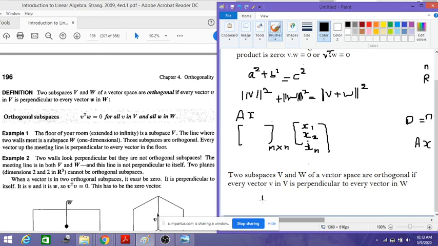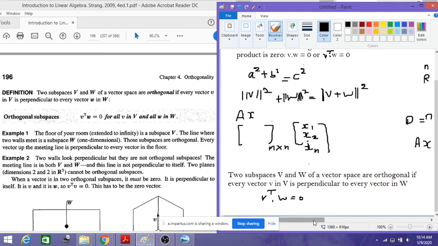If we talk about orthogonal subspaces, then v transpose w should result in zero. This is applicable for all v in V and all small w in W.